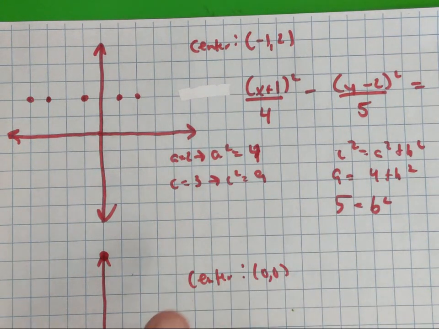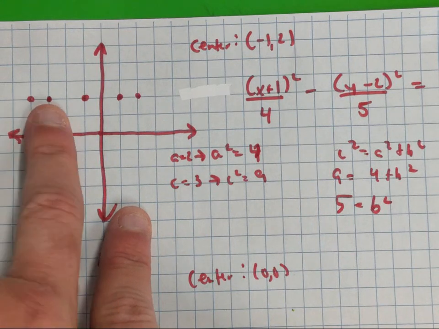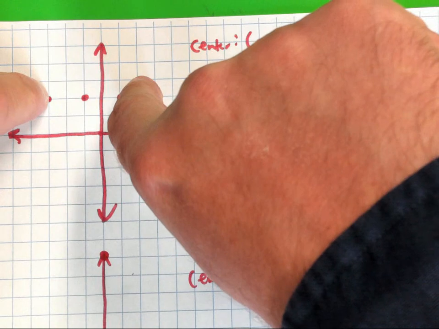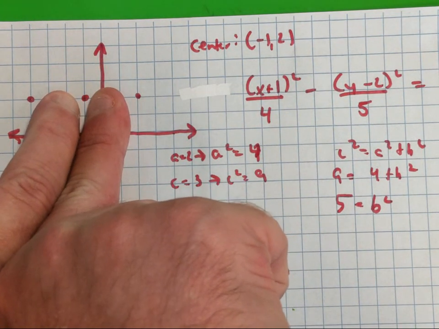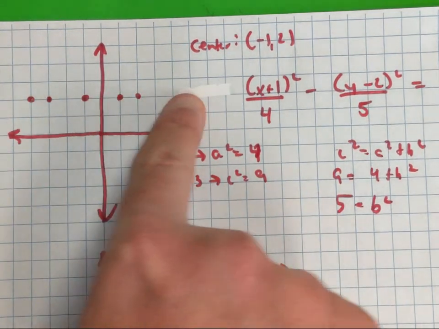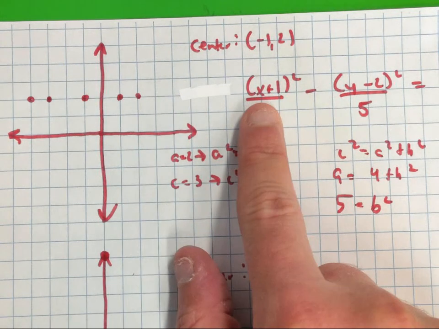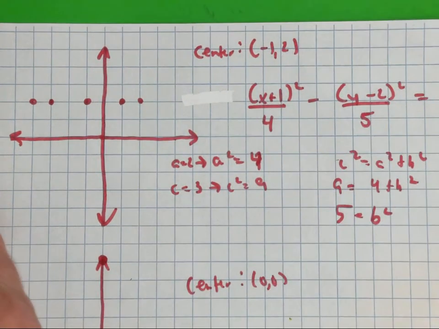Here your vertices are at -3, 2, and 1, 2. These are my vertices right here. So I moved in and found my center to be -1, 2. I can tell my major axis is a horizontal line, so I know my orientation will be horizontal, so x will come first.